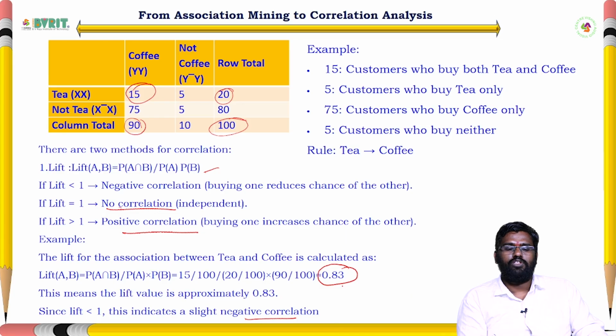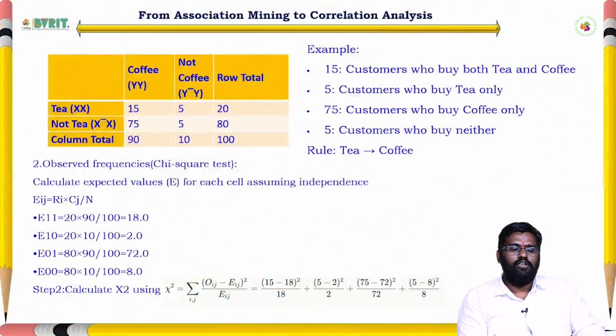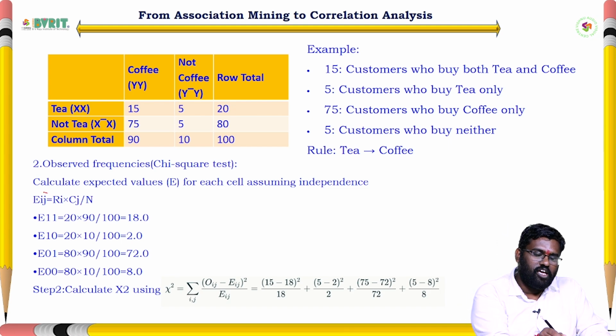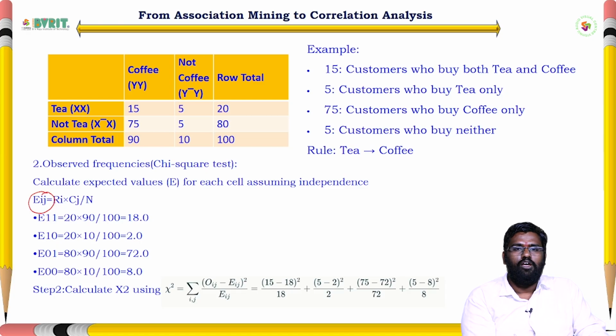Another method is called observed frequency. By using a chi-square test, we need to implement the observed frequencies. Whether we are getting the actual percentage or not, we find out using the chi-square test. In the chi-square test, assume Eij, the expected frequency between the first row and column j, equals row total times column total divided by the total count.